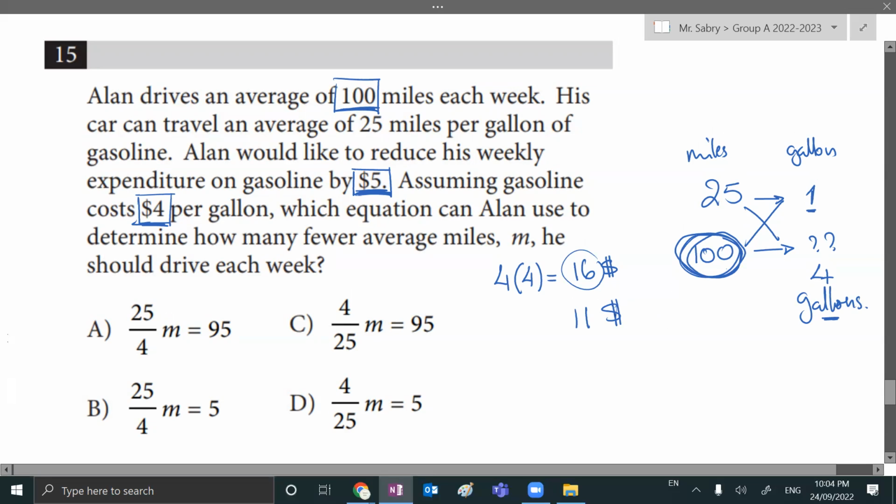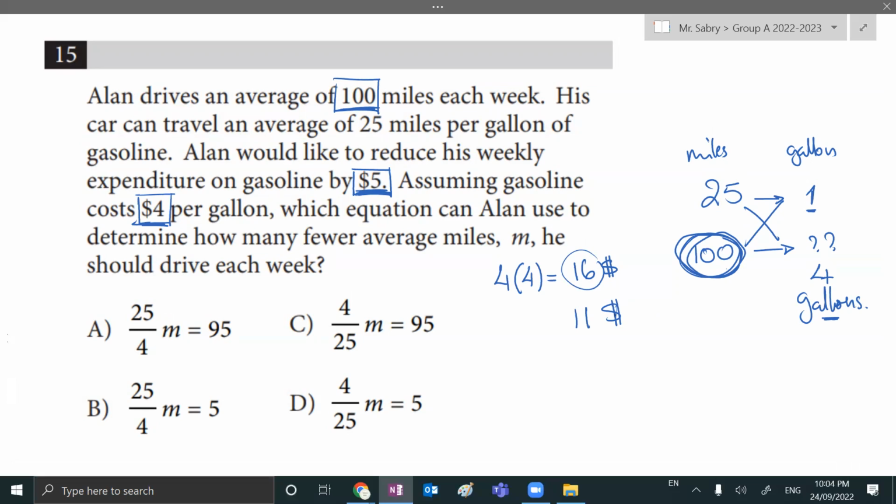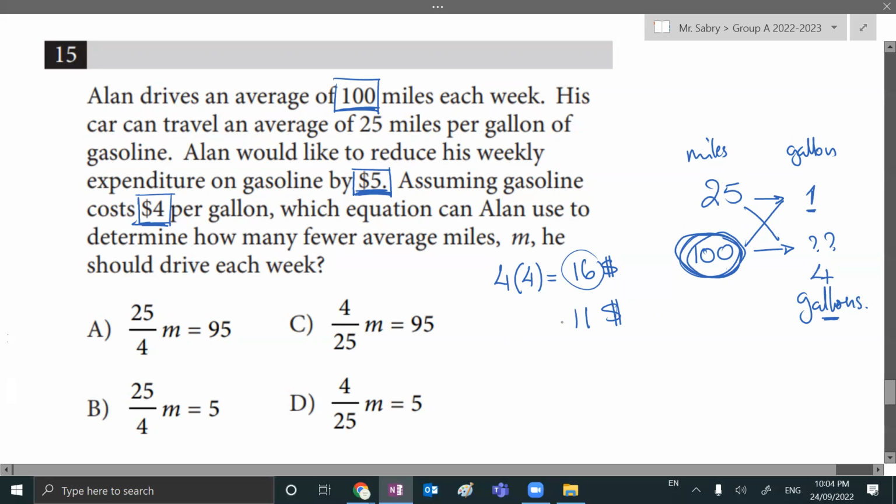Now, the original thought of yours, to get the price of 1 gallon, and then multiply the price of that gallon by the number of miles that I need to decrease. This needs to be exactly 5. So the 4 multiplied by the number of gallons that I need to save is supposed to be actually equivalent to 5.